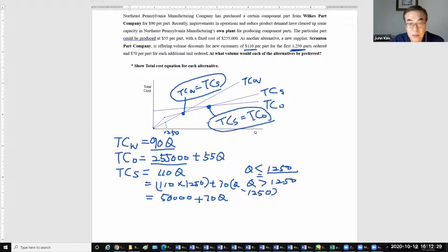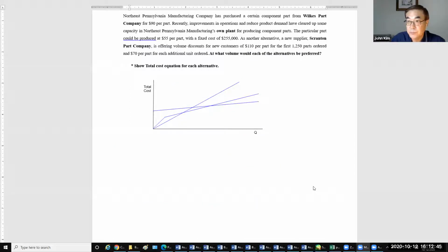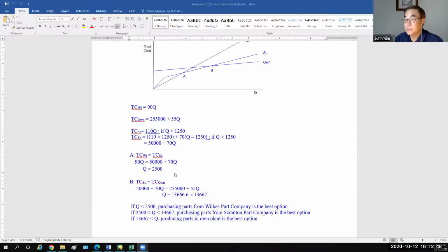So equalize and then simplify about the Q. So I will show the answer. So answer, point A here.